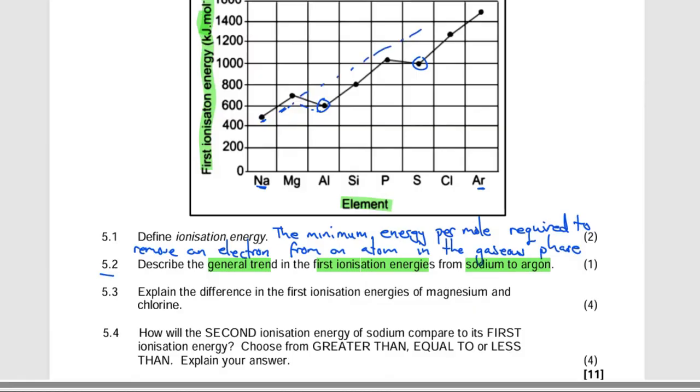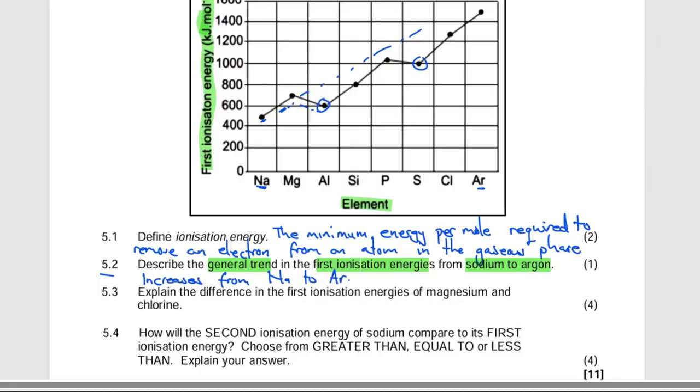So I'm going to say the first ionization energy increases from Na to argon, which is Ar.